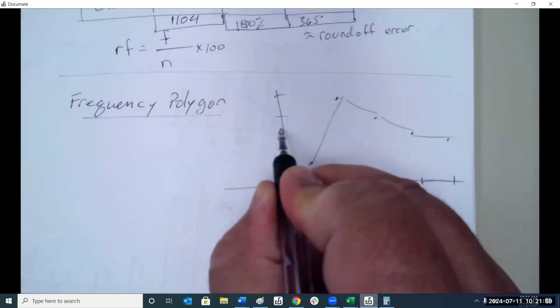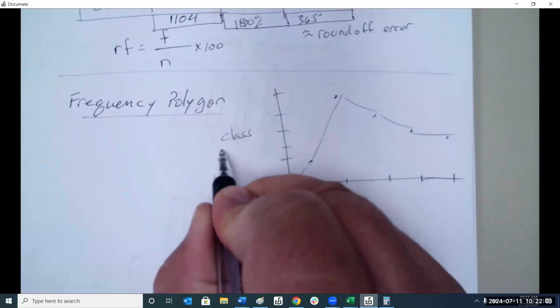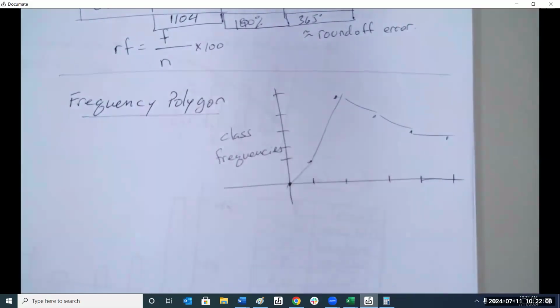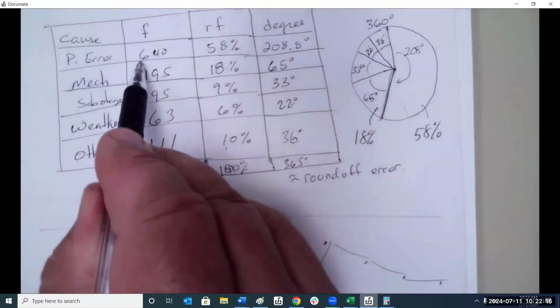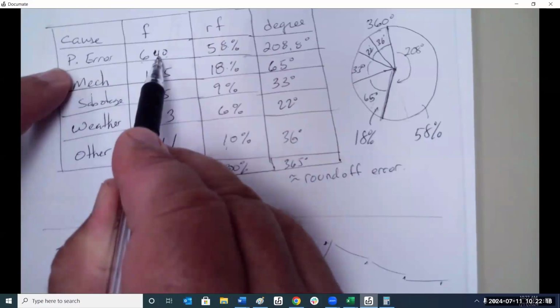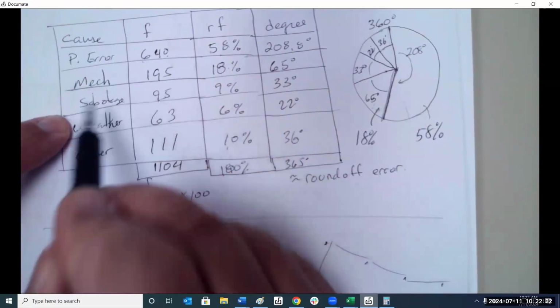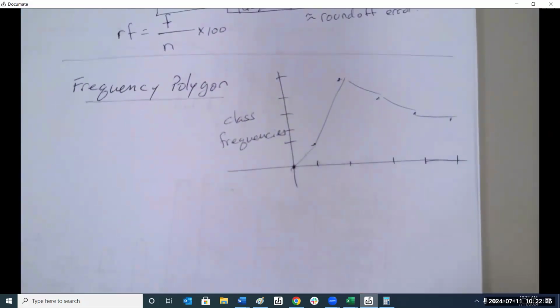And these are the class frequencies. What do I mean by class frequencies? 640 is the class frequency of pilot error. 95 is the class frequency of sabotage. So it's just a way of saying the frequency, the number that corresponds to it.